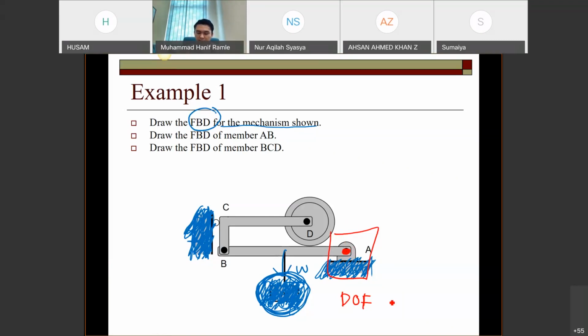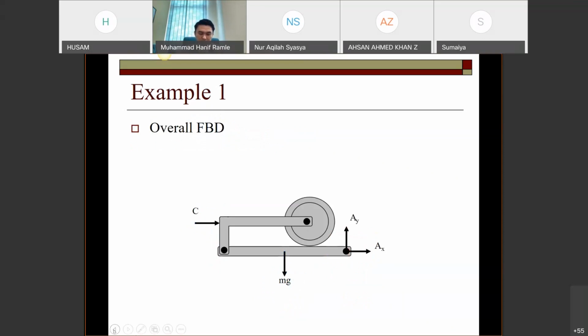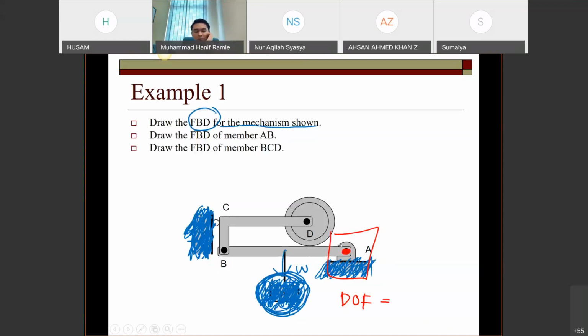So for this DOF, how many DOF do you have, guys?